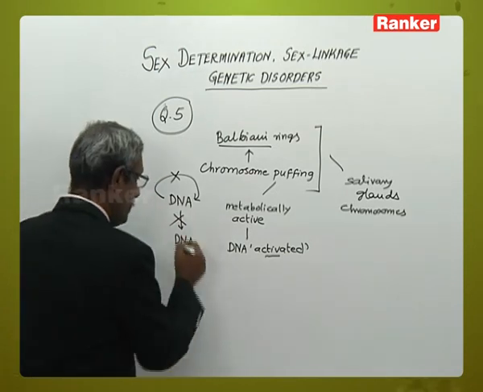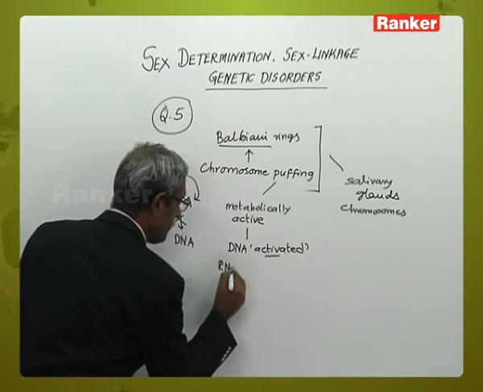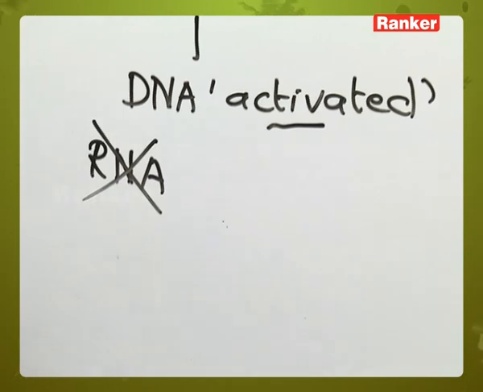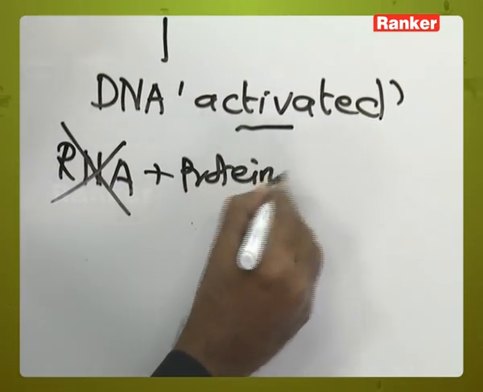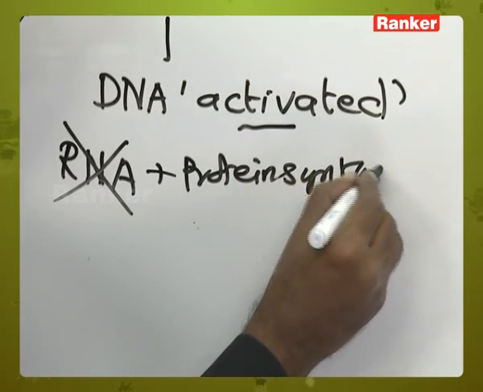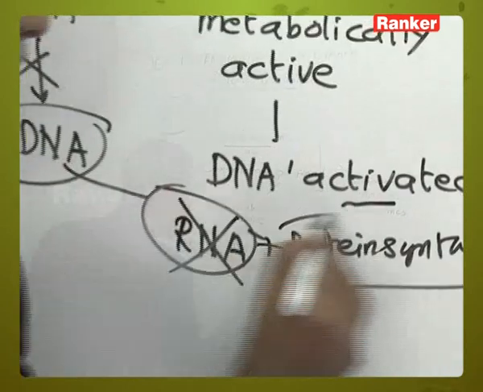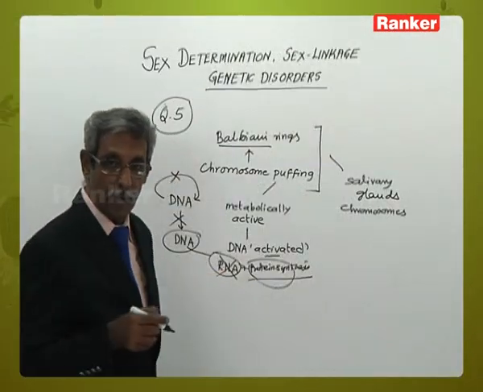And it's not predominantly during chromosome puffing, there is no formation of RNA along with protein synthesis. So the information flow from DNA to RNA to protein synthesis is not there. Hence the choice D is wrong.